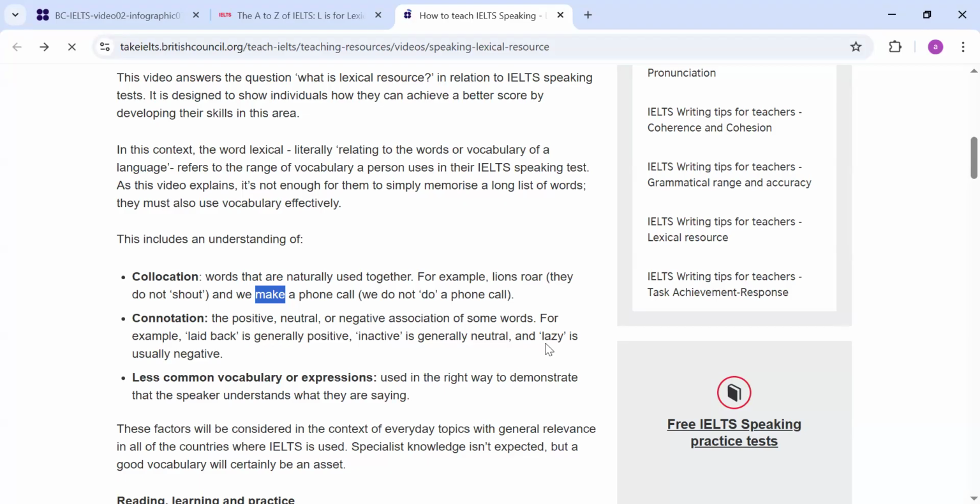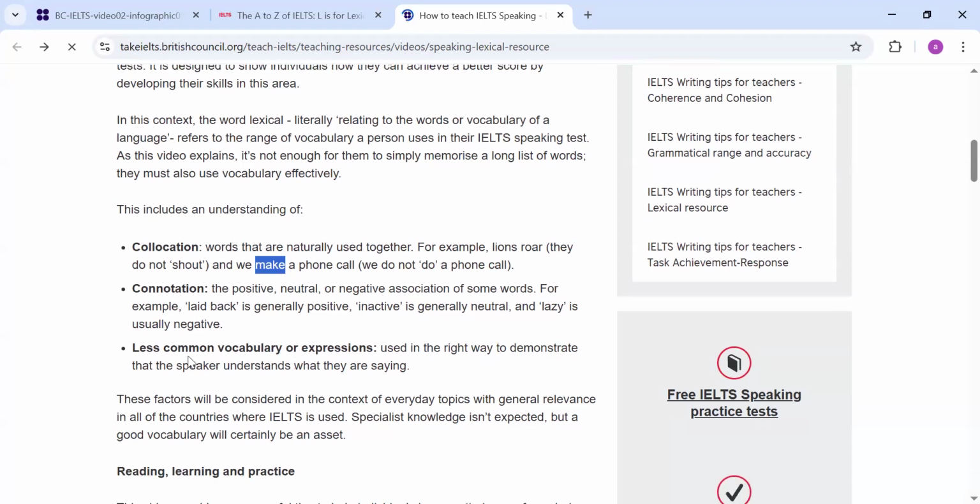But if the person is famous due to negative acts, for example, spreading negative things on social media, in that context we will use notorious. Notorious is a negative word. One thing we also discussed in the previous article is that we need to use less common vocabulary in the right way to demonstrate that a speaker understands what they are saying.